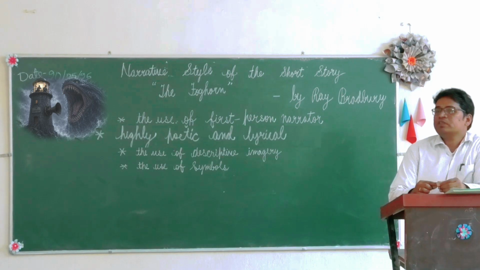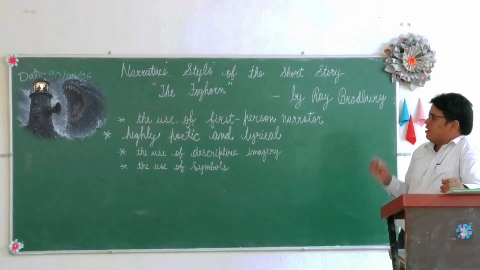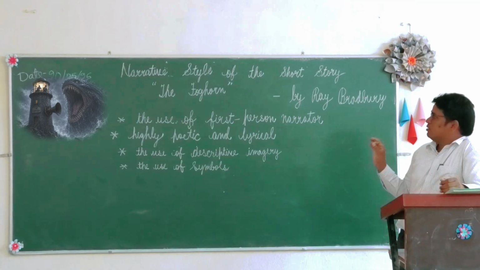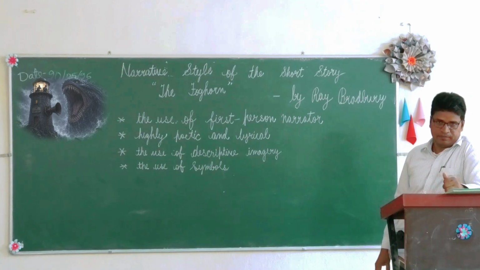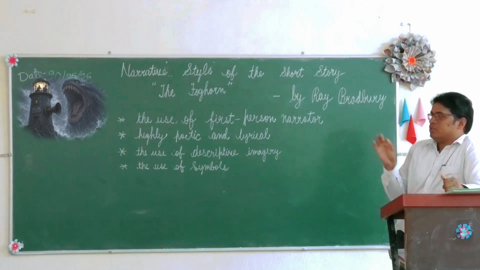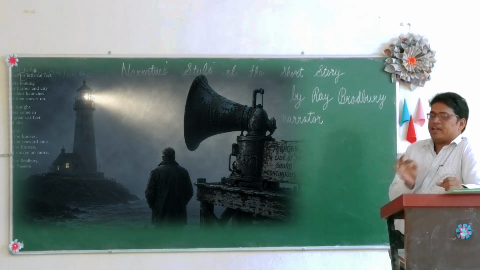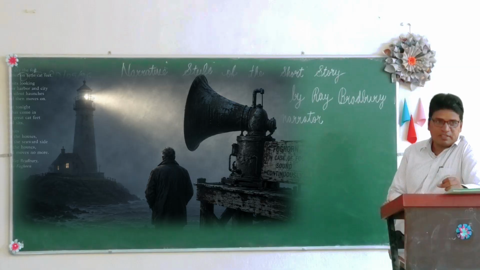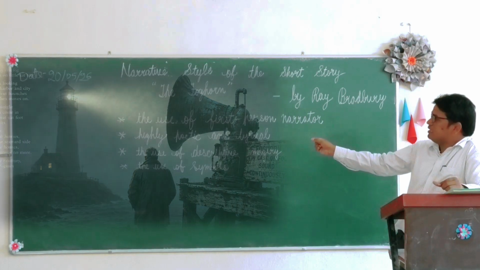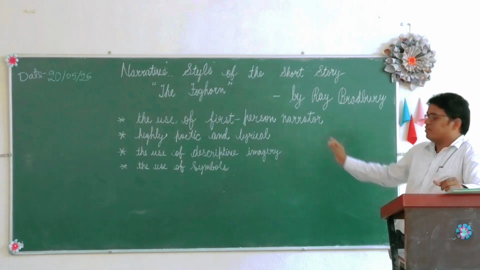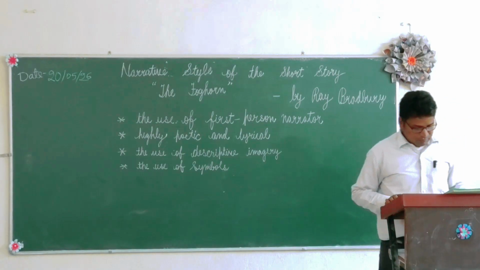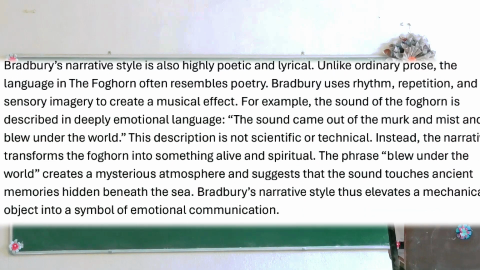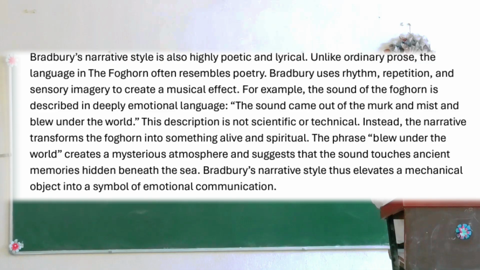Now let's move to the second point, that is, the story The Foghorn is highly poetic and lyrical. Though we know the story has been written in prose style, what do we find? It is highly poetic and lyrical. Bradbury's narrative style is also highly poetic and lyrical.